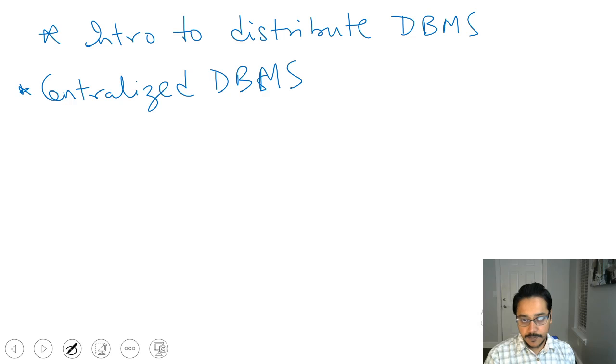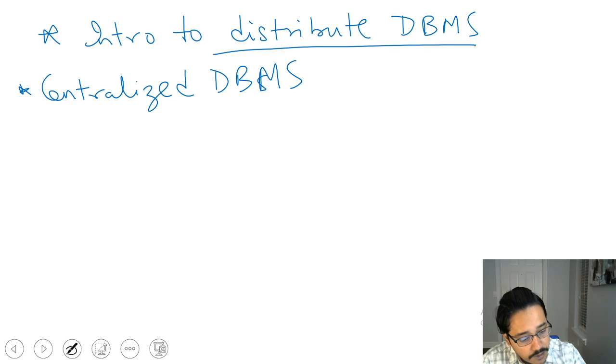So now, if you decide to host your databases spread across different geographical regions, then how are you going to implement it and how are you going to manage it? So that is the context of learning about distributed database management systems.